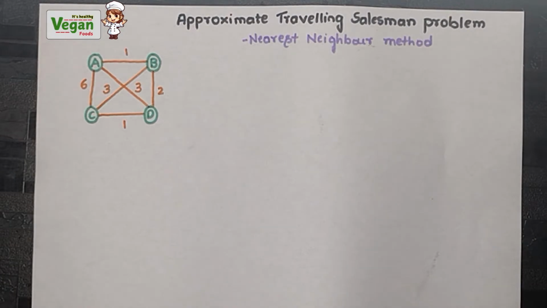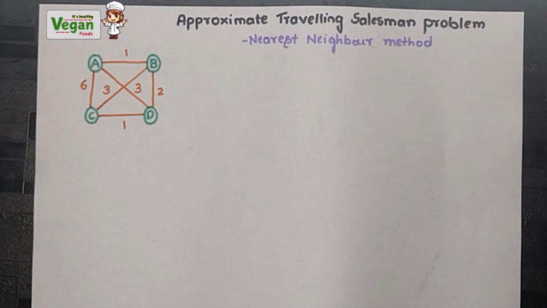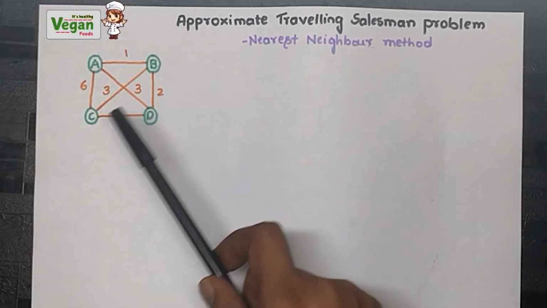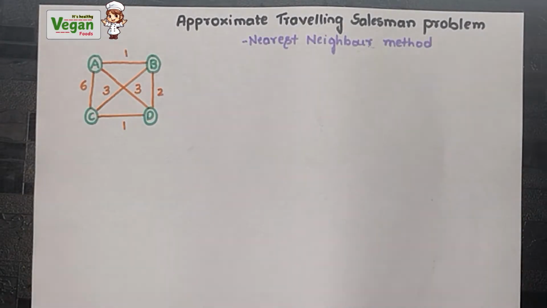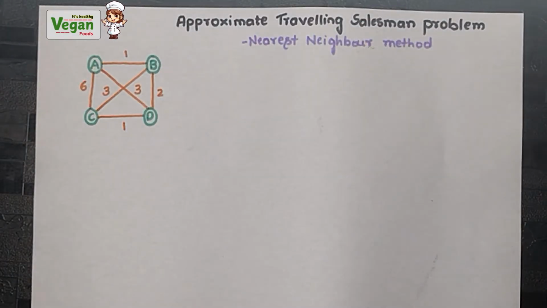First, in the traveling salesman problem, you start with a source city. Let's consider it as A. If he starts at A, he must go to all other cities, that is B, C, D, with the least cost, and then he must return back to his home city, that is A. So this is the basic idea of the traveling salesman problem.